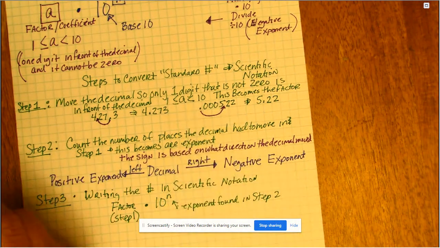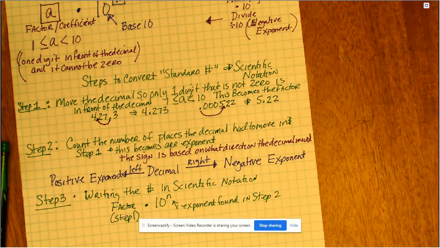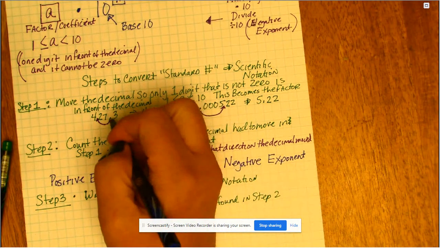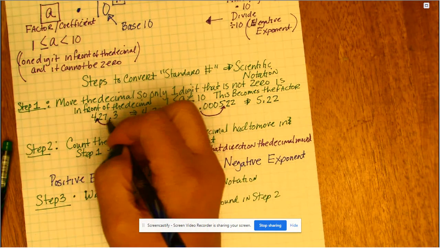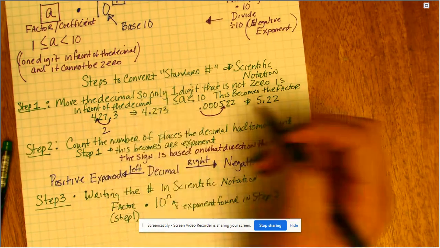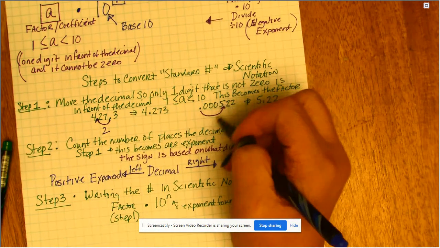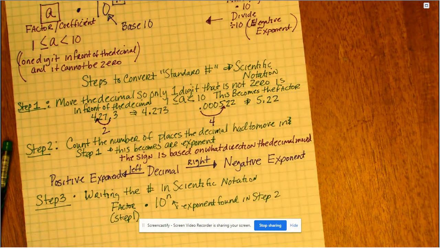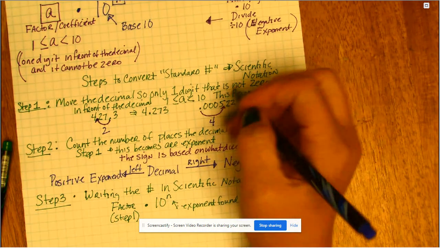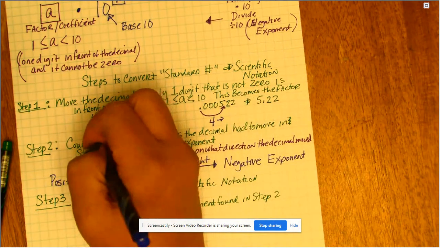So if we go back to these up here, we can see that I had to move from here to here, and that was 2 spots. So I moved 2 spots. Here I moved 1, 2, 3, 4 spots. Here I moved to the right. Here I moved to the left.